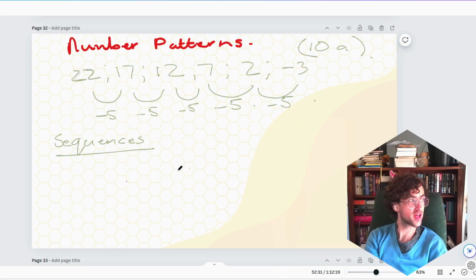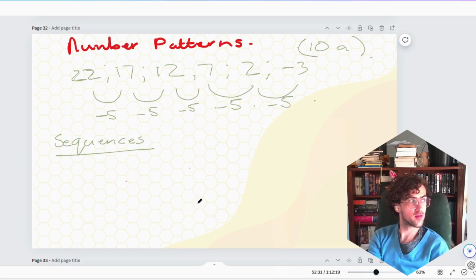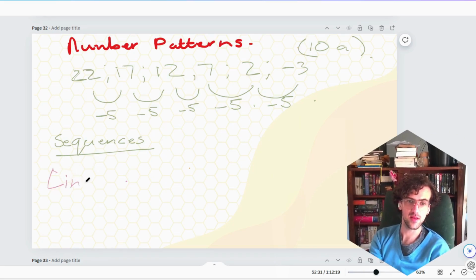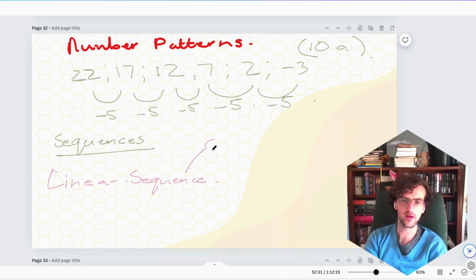Okay, these are the ones I can think of. I've got the linear sequence, and these have a constant difference.